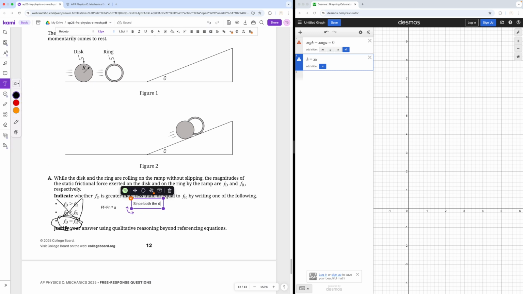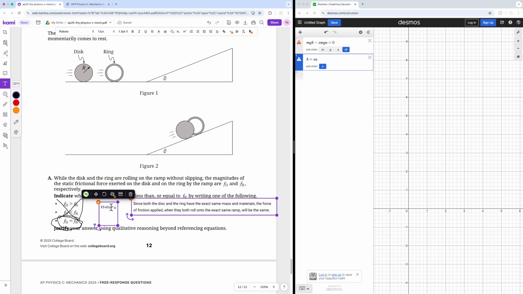Since both the disc and the ring have the exact same mass and materials, the force of friction applied when they both roll onto the exact same ramp will be the same. Because remember, all we care about is the normal force and mu. And normal force is going to be the same for both since they have the same mass.